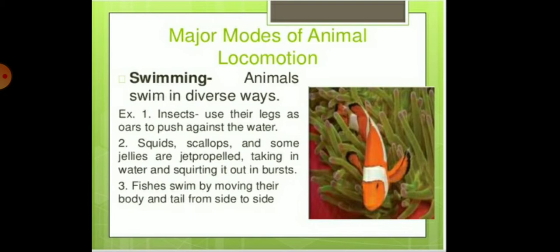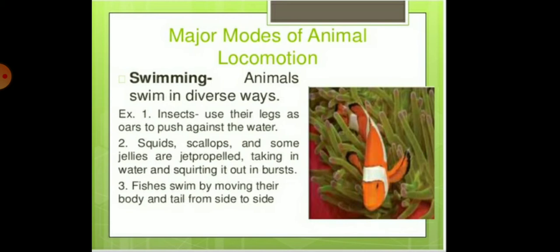Children, the fins and the tail are present on the body of a fish. Strong muscles are also present. During the swimming process, the muscles make the front part of the body curve to one side and the tail moves towards the opposite side, forming a curve as seen in this picture.